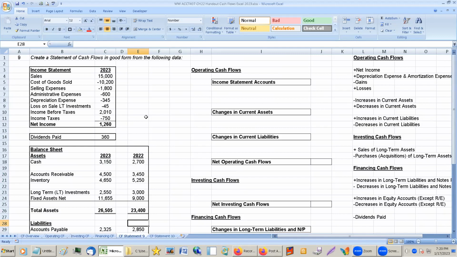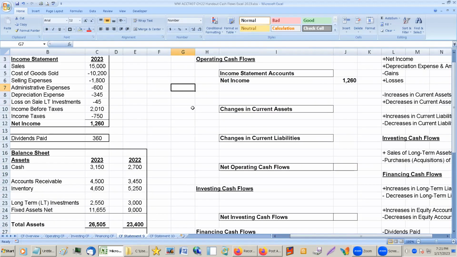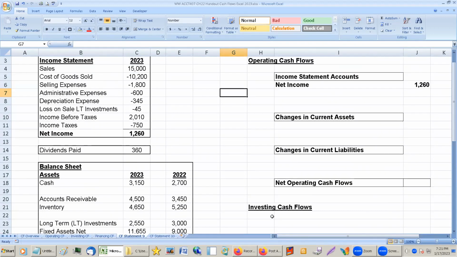So let's go to our income statement accounts. We need our net income. I'm going to zoom in a little bit. So we got our net income so far.